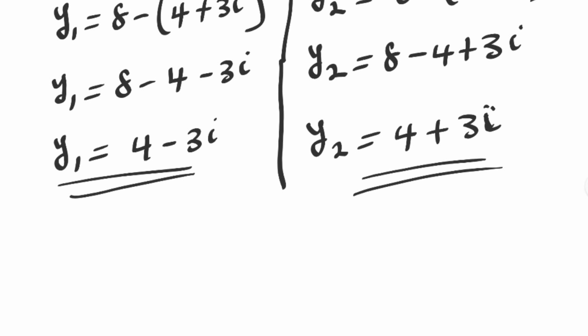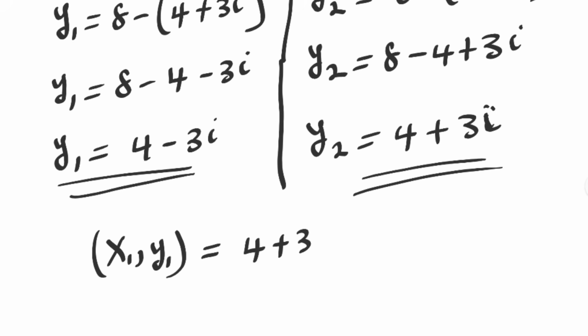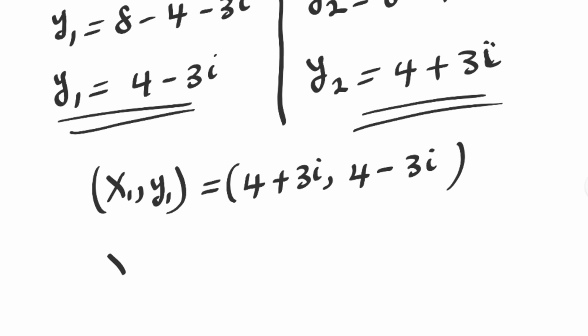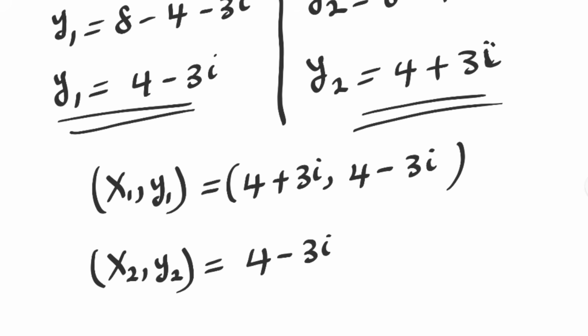Therefore, our final answer are x1, y1 is equal to 4 plus 3i, 4 minus 3i. x2, y2 is equal to 4 minus 3i, 4 plus 3i.